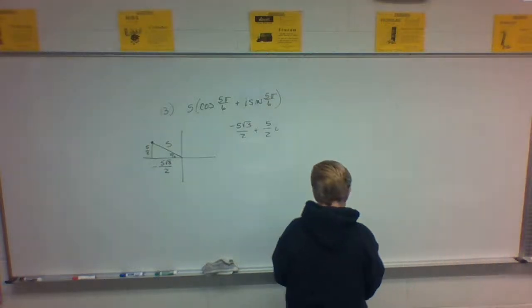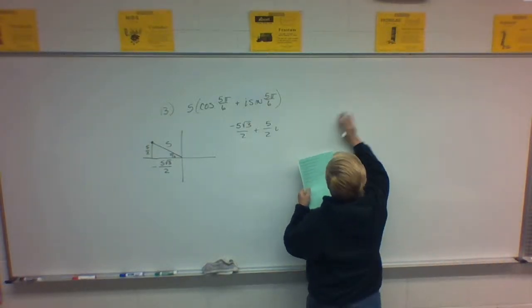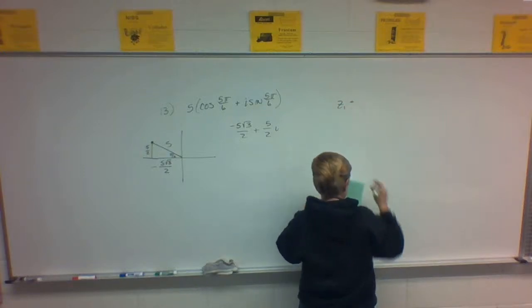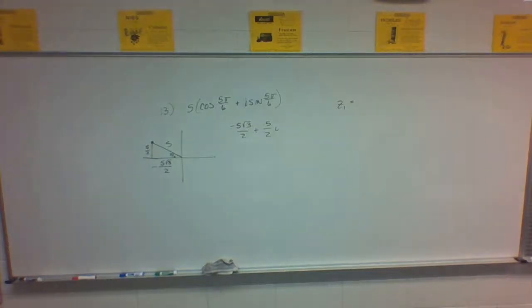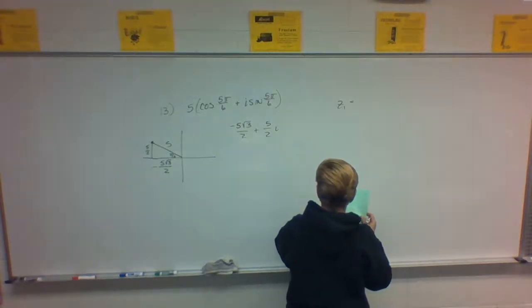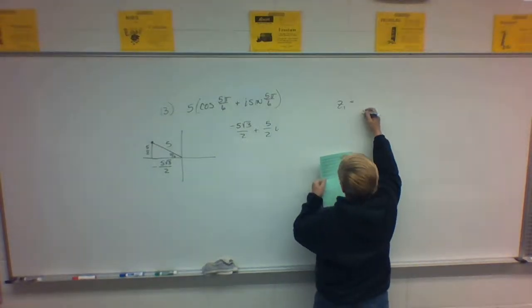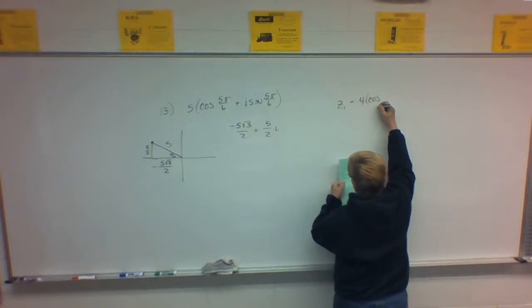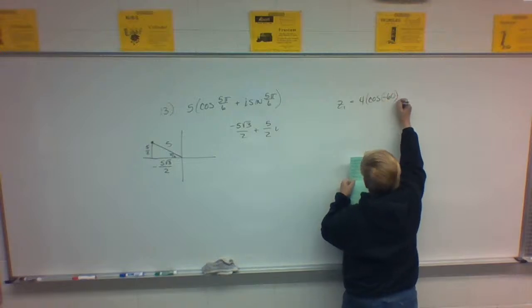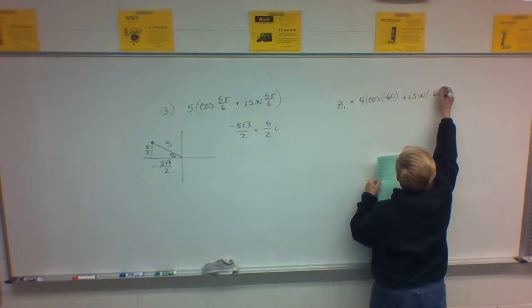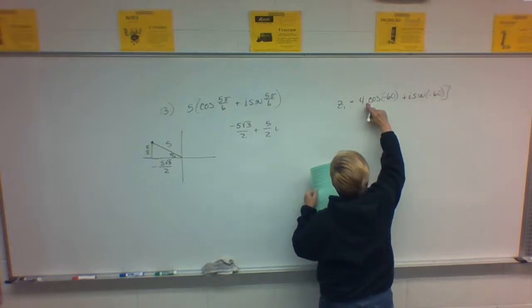So Z1 is something like this: 4, parentheses, cosine of -60 plus i sine of -60.